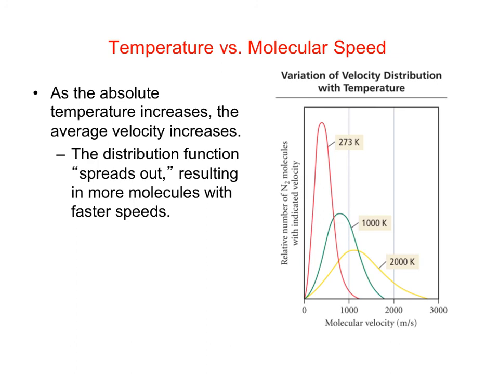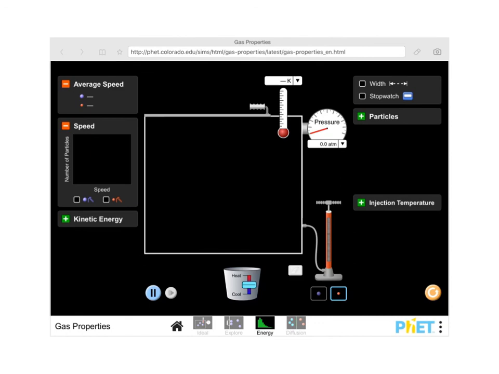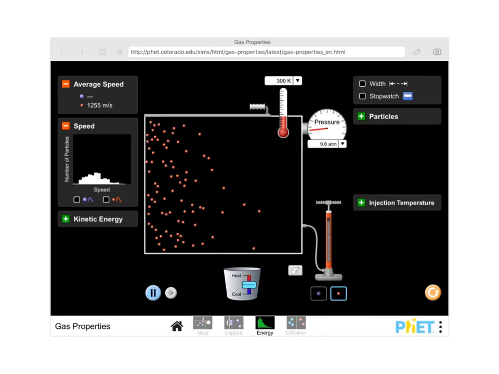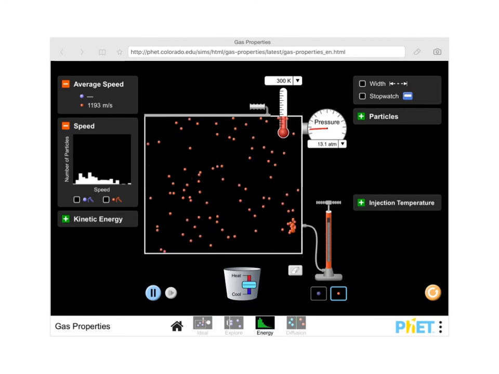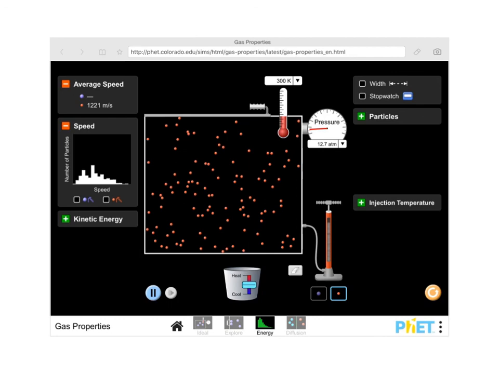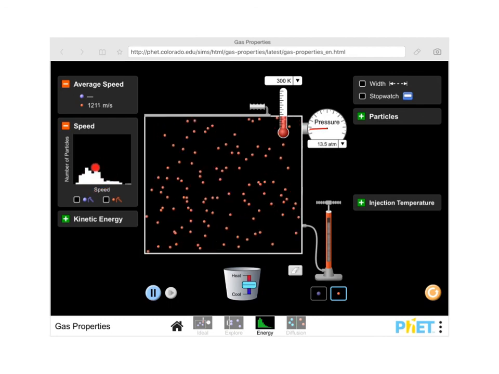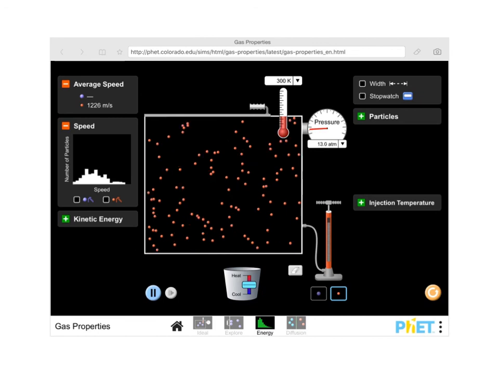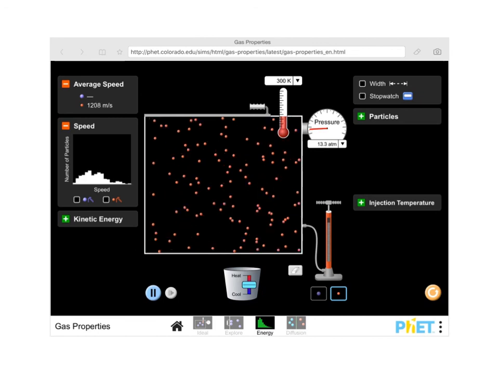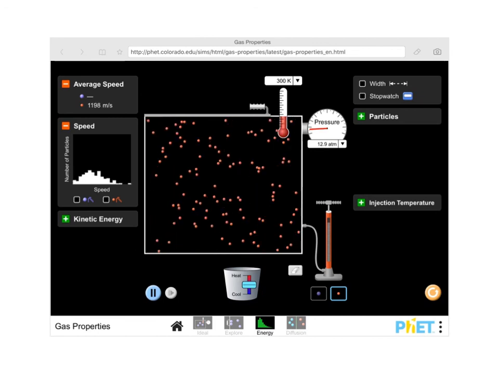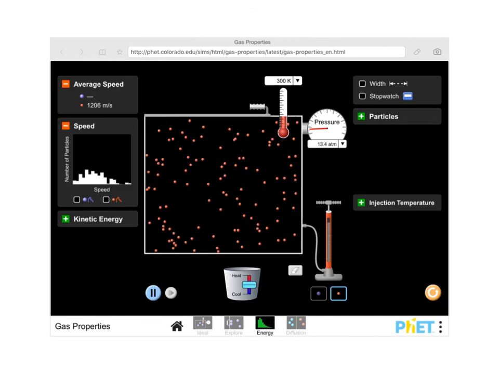We can look at that again by injecting one of the samples. We can see the distribution of their molecular speeds over on the left here. If I heat those up, you can see the average speed there, we're hovering around 1,200 meters per second.